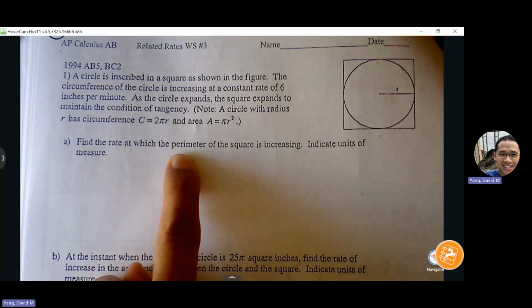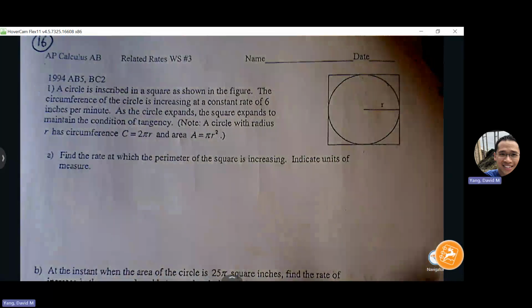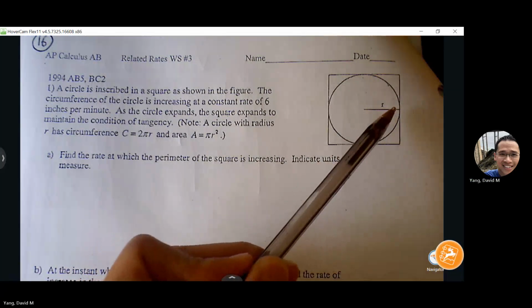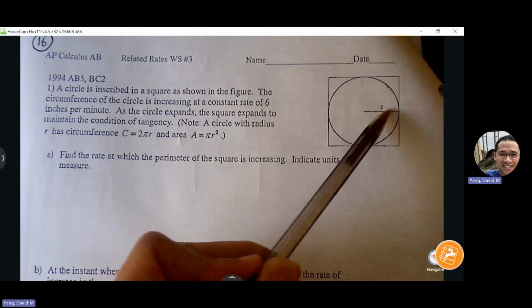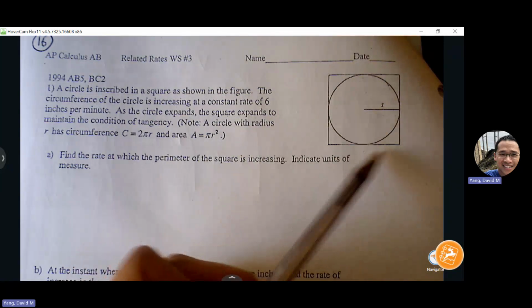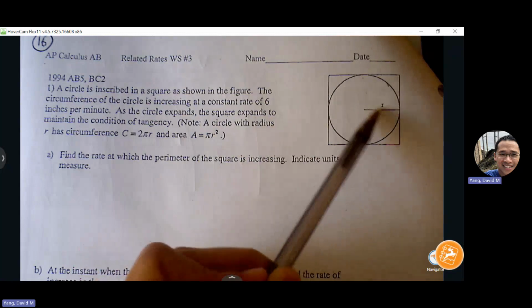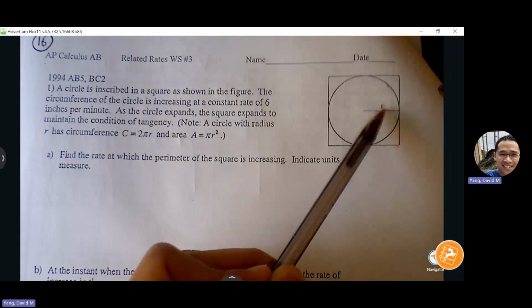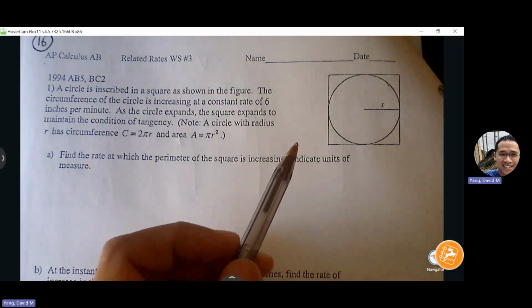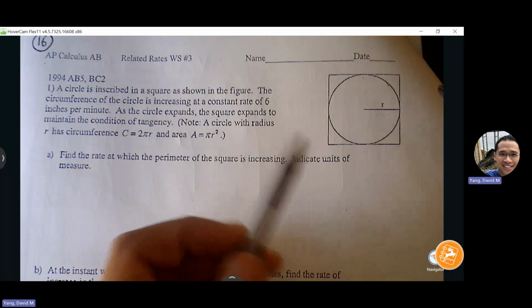So perimeter of a square, what I want us to do is we're only given radius r, right? This is the only variable here. We're going to try to define everything in terms of this variable, so we don't introduce a different variable here. We're going to just think in terms of r. Now, if I want to create the dimension of the square, what can I say about dimensions of the square?